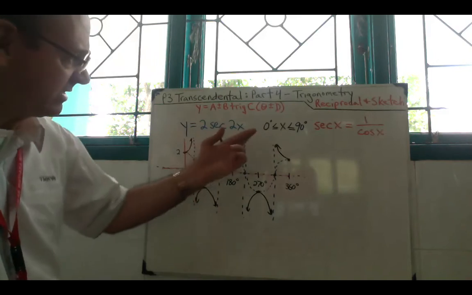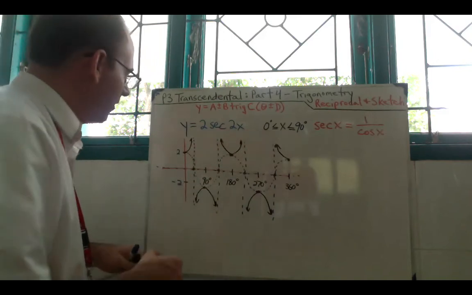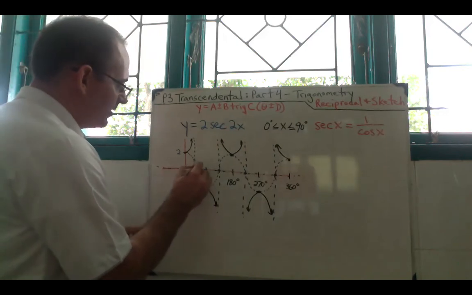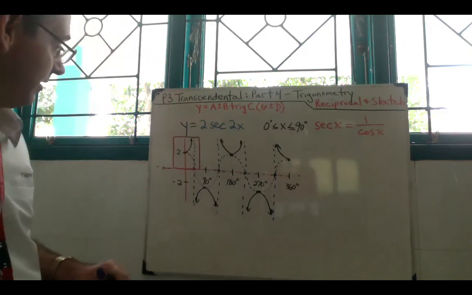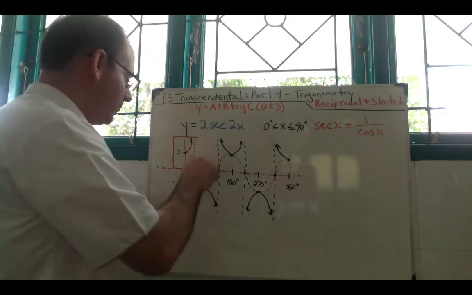However, in this case, they only want the 0 to 90. So what they're looking for is this section right here, 0 to 90. That's the only thing you need. Here is your, whoops, I have 90 over here.